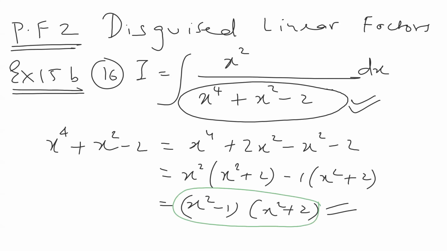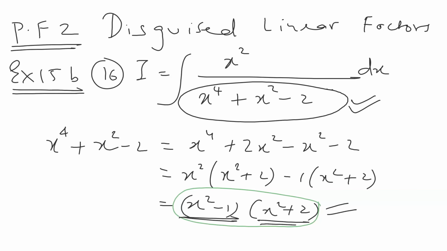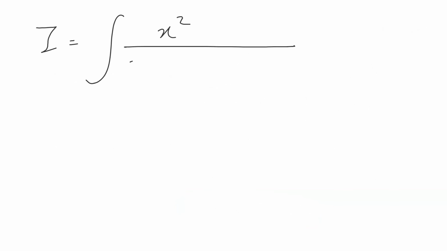So I is equal to integration of x square upon x square minus 1 into x square plus 2 dx. Now see, everywhere there is x square over here.